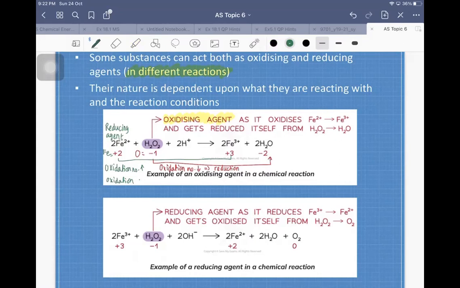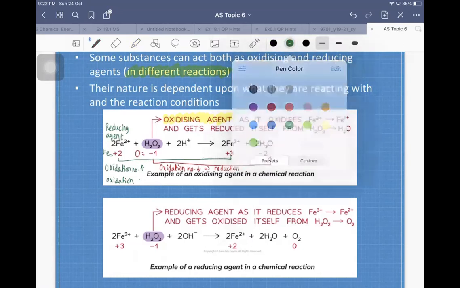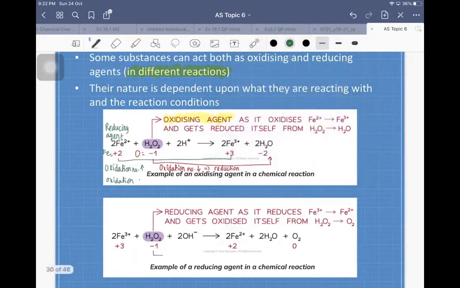There's H2O in there, but that's not from the H2O2. So I go from -1 of my oxygen in H2O2 to 0 in O2. So I just write down O. So -1 to 0 is an increase.